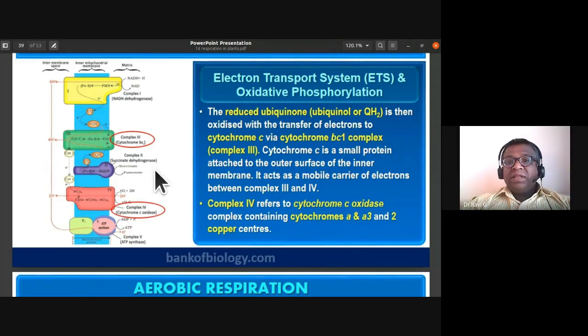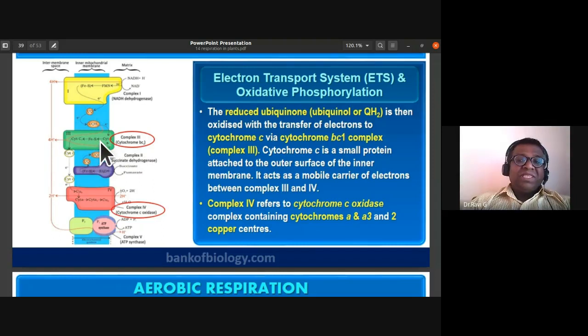In complex 3, the reduced ubiquinone, or ubiquinol or QH2, is then oxidized with the transfer of electrons to cytochrome C via the cytochrome BC1 complex. This we also call complex 3.